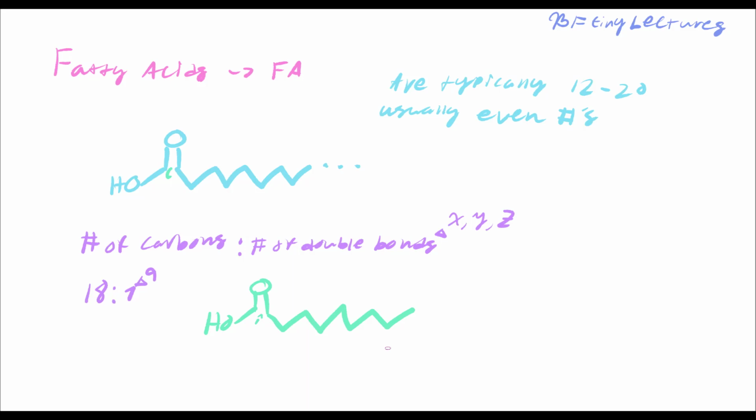Now, usually, unless told otherwise, assume that it is a cis conformation, meaning that the hydrogens are going to be on the same side. You don't really want to work with trans, so whenever you're eating something, like maybe some Cheetos, I love Cheetos, okay?